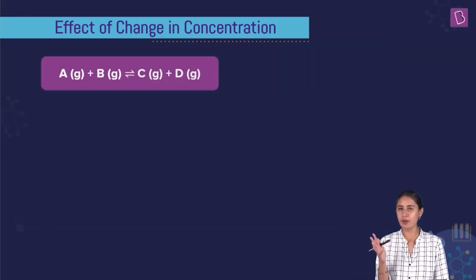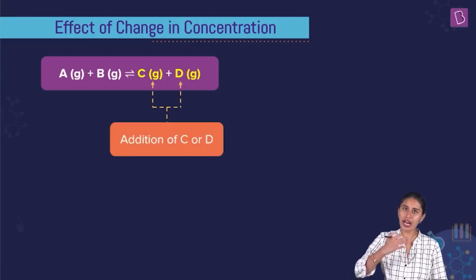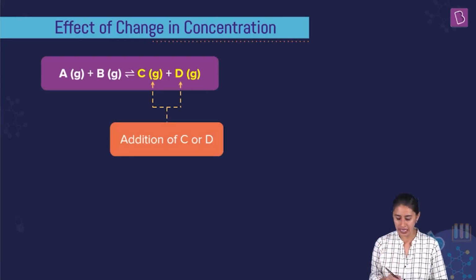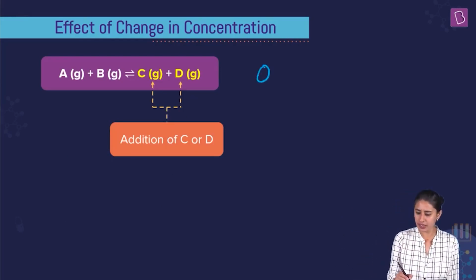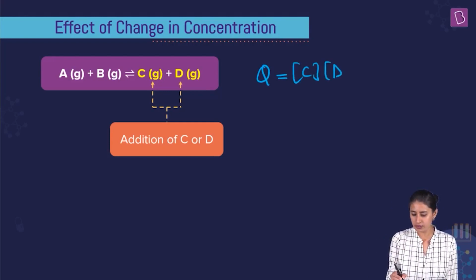Another thing, same reaction. Now let's see from the point of view of product. Let's add more product. What if we add more product? The product has been formed. We add from outside more product, let's say. We add more C or we add more D. If that happens, you can understand that Q, which is products concentration by reactants concentration, has increased.